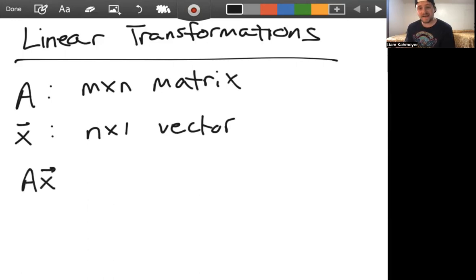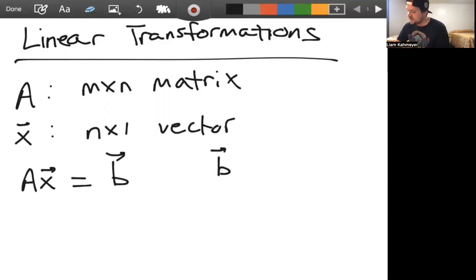You say A acts on X by multiplication on the left, or you say the transformation of the vector X is induced by multiplication on the left by A. So we have AX, and this equaled some vector B, where B ends up being an M by 1 vector.